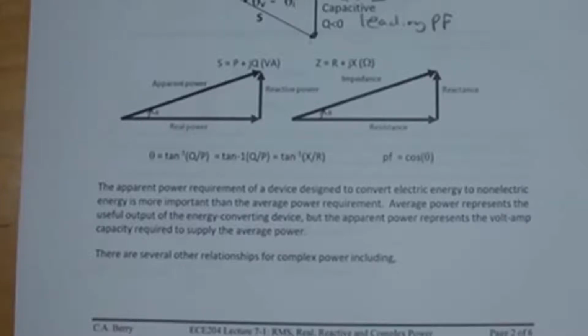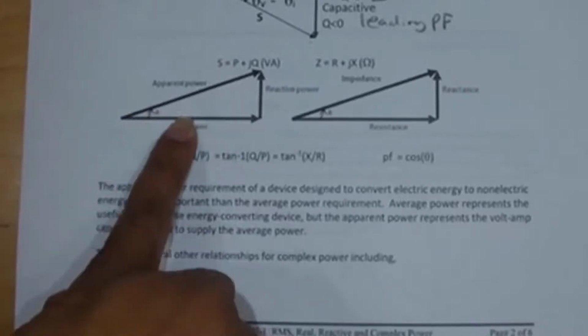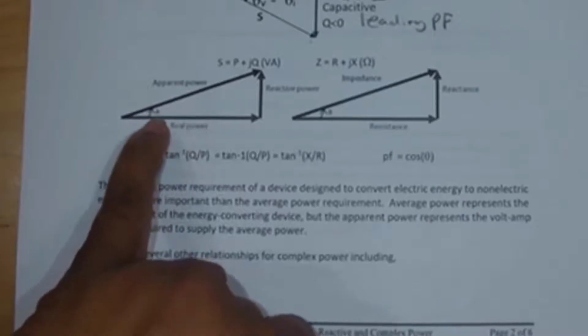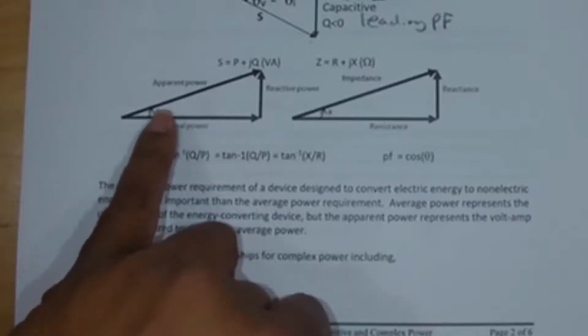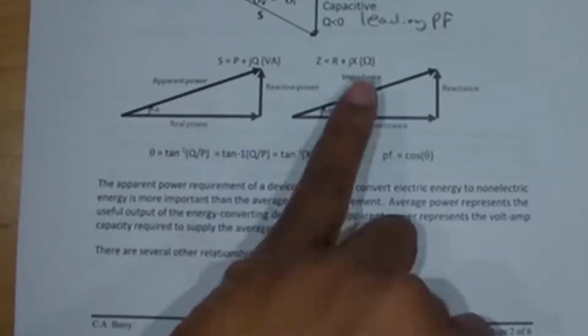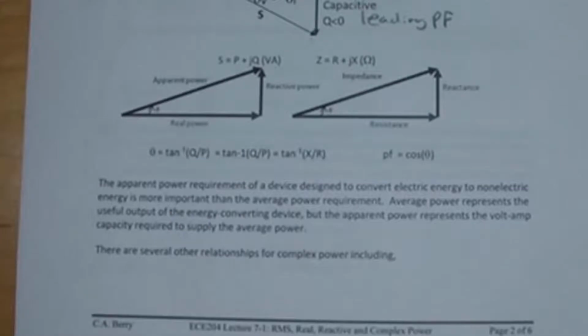So they require source power in order to do that, but they don't give any useful output at the other end. It's the average power, the resistive device, that does that. The other thing we could get from the triangle is your power factor angle. We talked about that before because you could get it from the impedance. And that same angle shows up in the complex power triangle and in the impedance triangle.